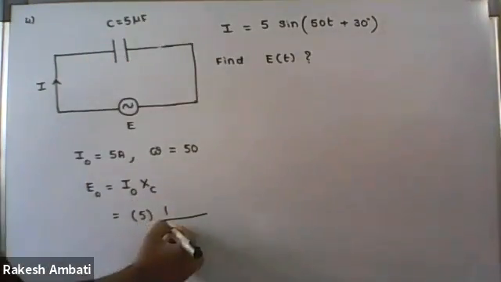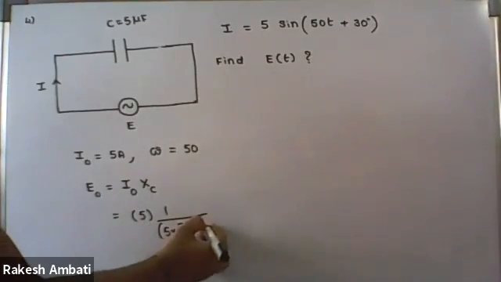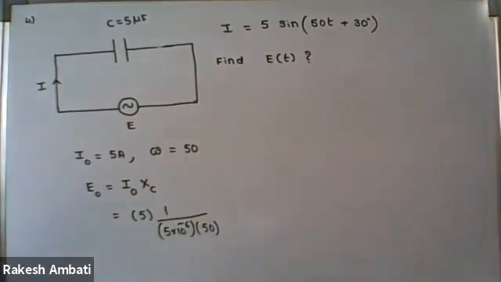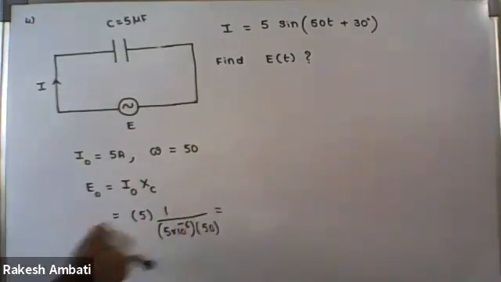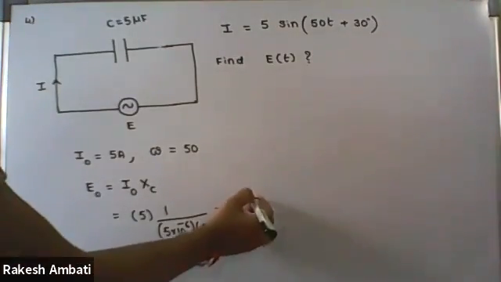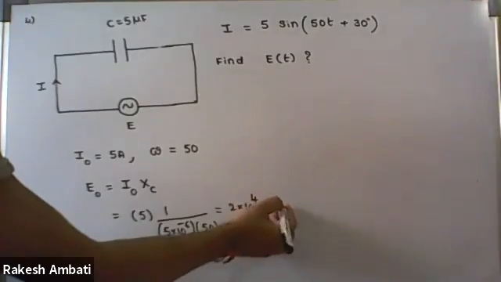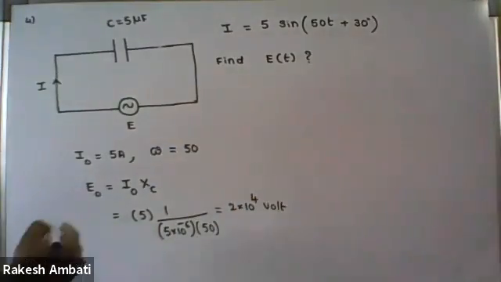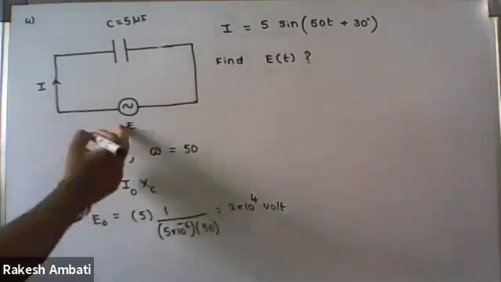C is 5 into 10 power minus 6, omega is 50. By simplifying, we get 2 into 10 power 4 volt. So it is the maximum value of the alternating EMF.